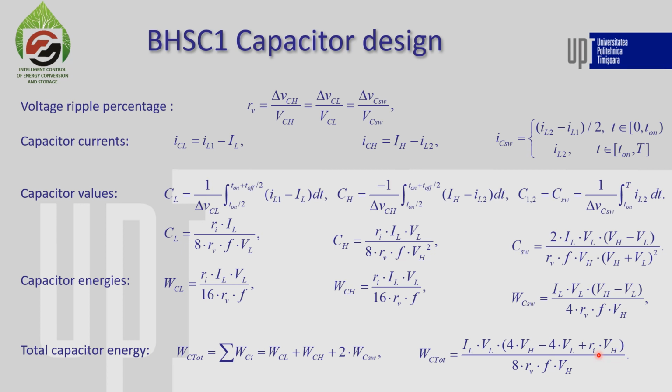If the current ripple percentage is even smaller, the total capacitive energy will also be closer to the total capacitive energy of the conventional buck-boost converter. So even if this converter has a wider ratio and two additional capacitors, the actual capacitor volume and cost are not much different from the conventional buck-boost converter.